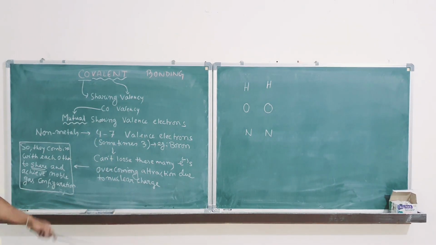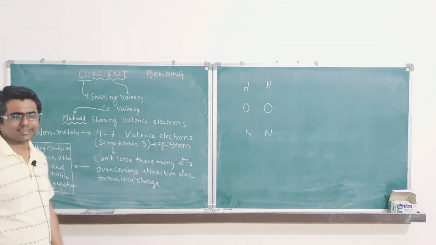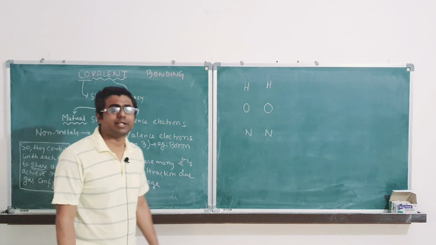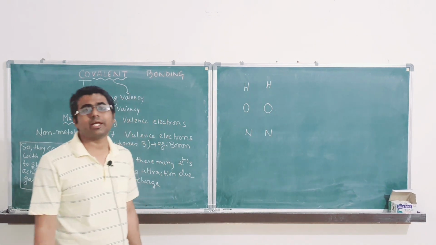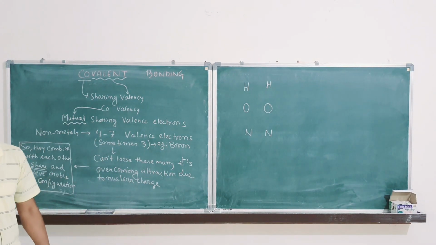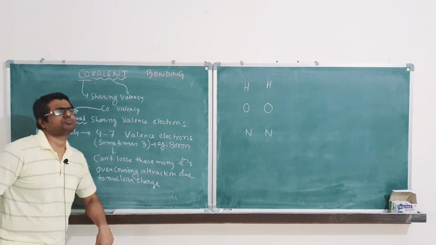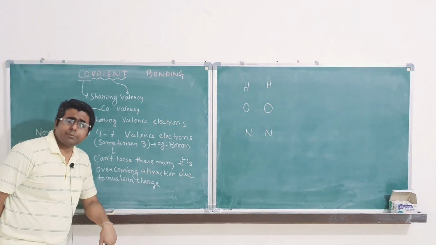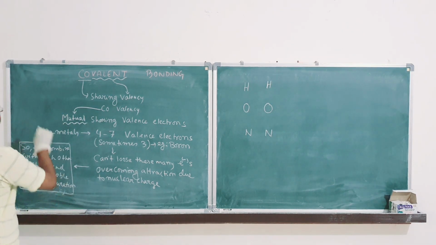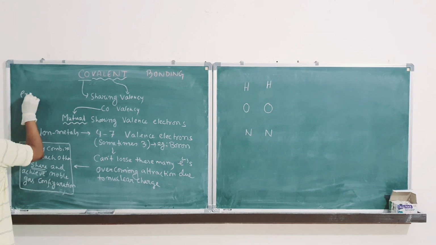From this term you can decipher what covalent bonding is. Clear? So first of all, covalent bonding is shown by non-metals. There are certain metals which also show covalent bonding, like aluminium sometimes, lithium. So there are certain exceptions of metals showing covalent bonding.